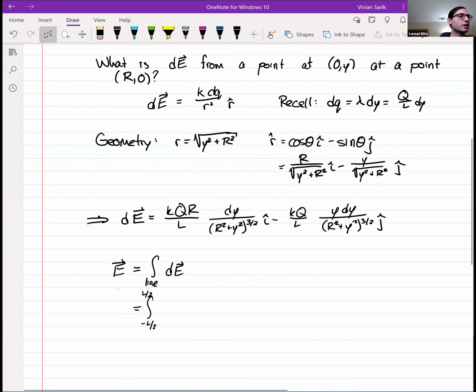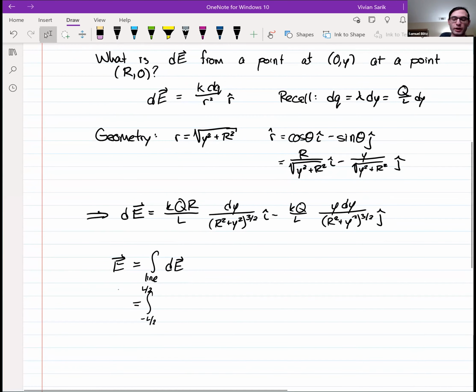And then we have the following. Let me actually simplify this a little bit more. We have qk over L. And then I just want to make sure I have everything right.